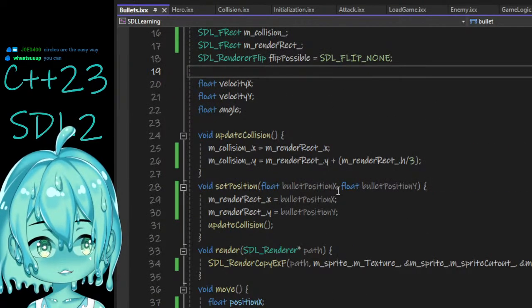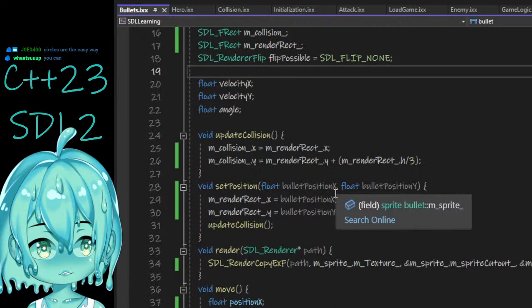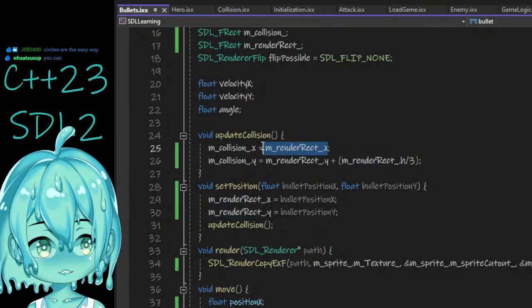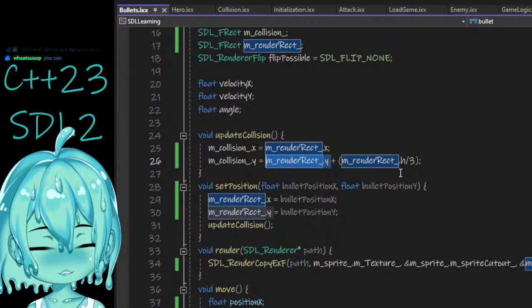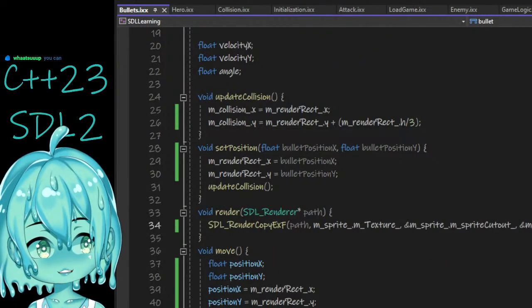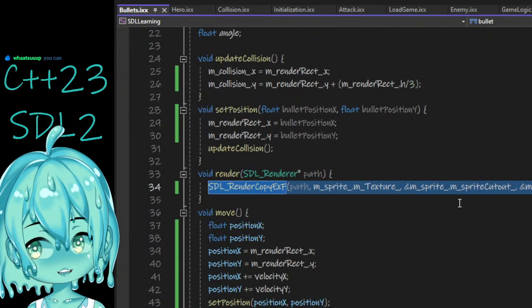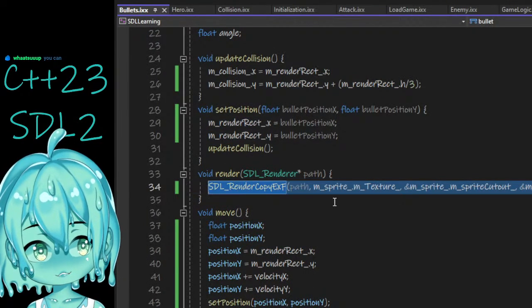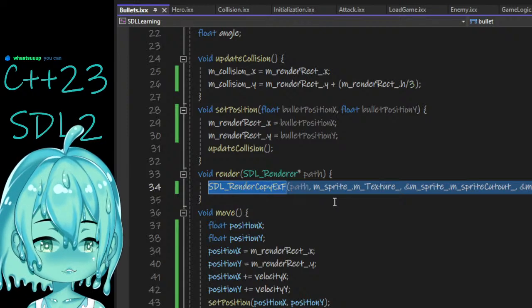Is it because we're not applying the velocity to them? No, it is. These get updated with the velocity, and then this is the velocity. The only difference I see is that every rendered copy gets the angle applied to it when it gets rendered, and that's how you rotate the sprite.